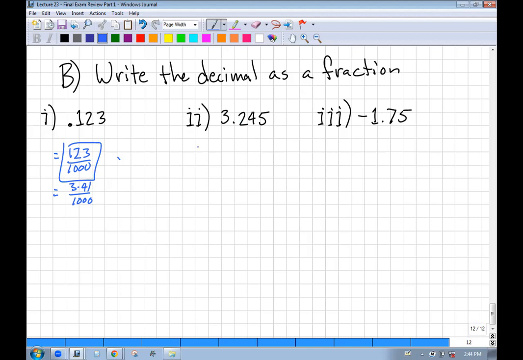This guy here is what? 3, 2, 4, 5, also thousandths. Clearly, these are both divisible by 5. So I would take my calculator and divide them both by 5. So this is 5 times 649 and 1000. 5 times 200.